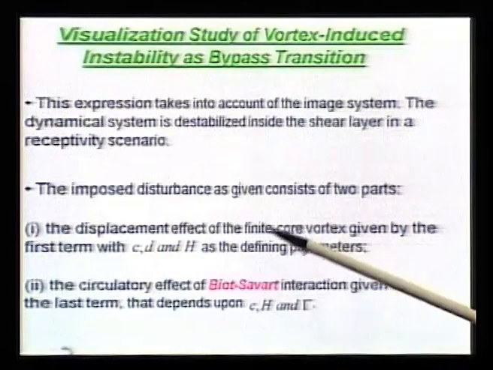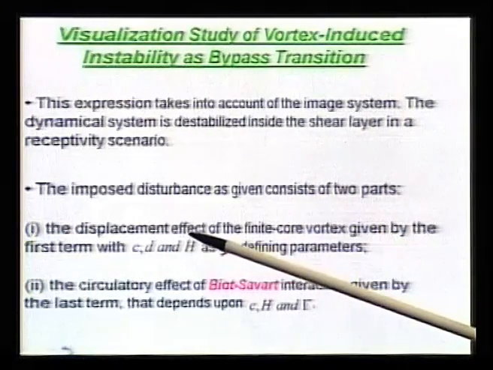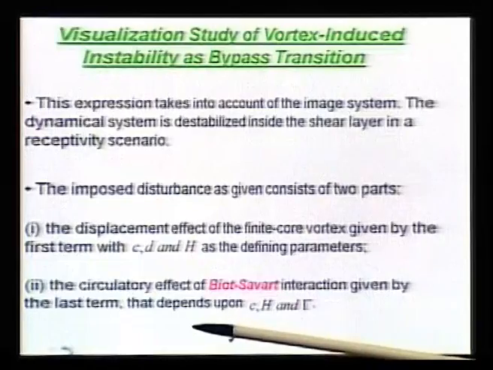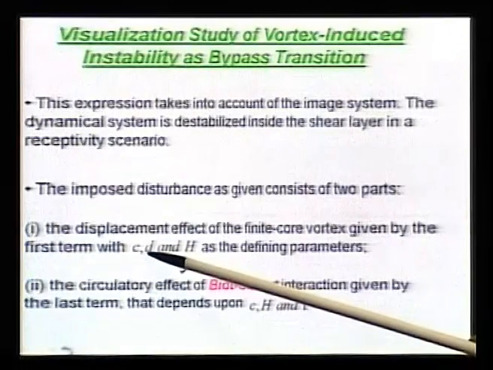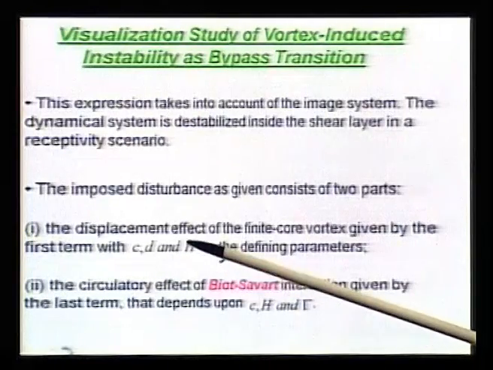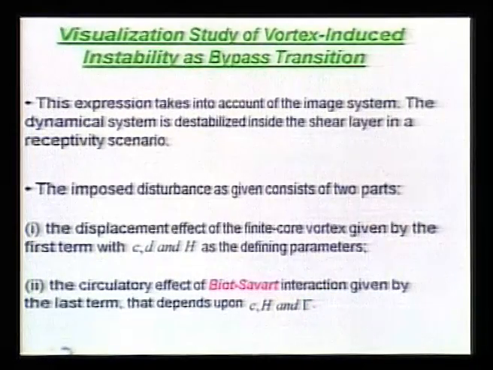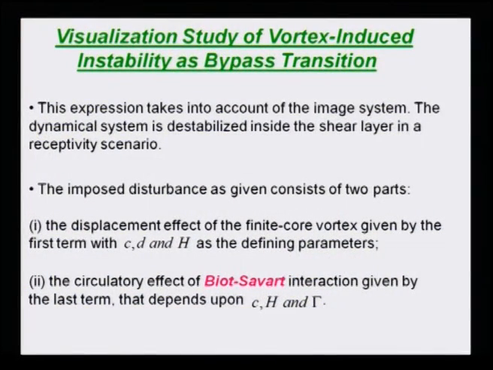I told you there are two effects. The displacement effect, if you look at the expression, depends on c, d the diameter of the cylinder, and h the distance. Well, pretty much obvious. c is there because we are talking about the relative speed U infinity minus c. That is how c appears there.